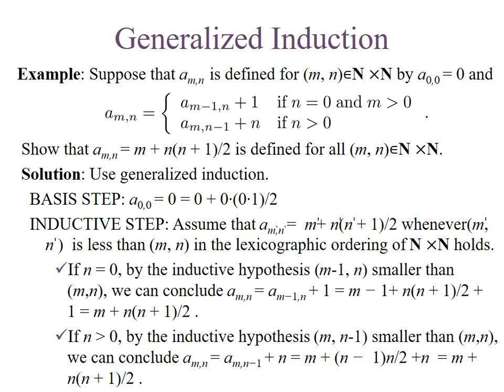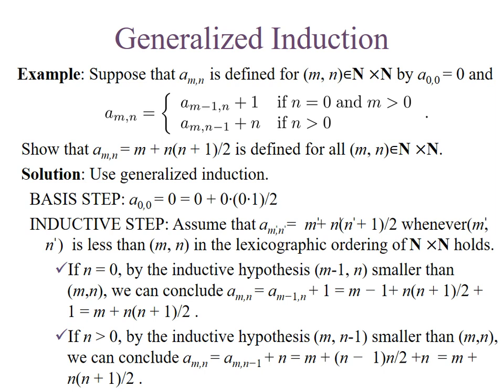Next, let's see the second case. Once m is larger than 0, we need to use the second definition. We can see the ordered pair (m, n minus 1) is also less than (m,n) by the definition of the ordering.